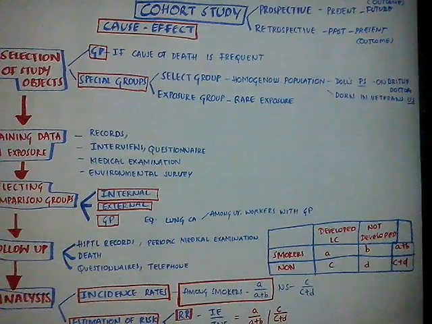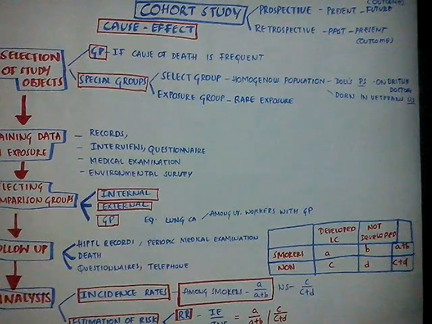So if the comparison is within the cohort, it is called internal, and if it is with an external group, it is called external comparison group. If the information is not available on the degree of exposure, we compare with that of another group. Example, smokers and non-smokers.